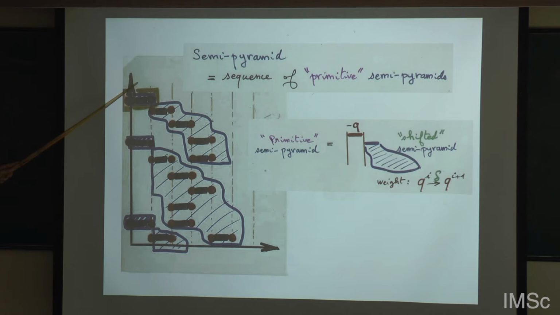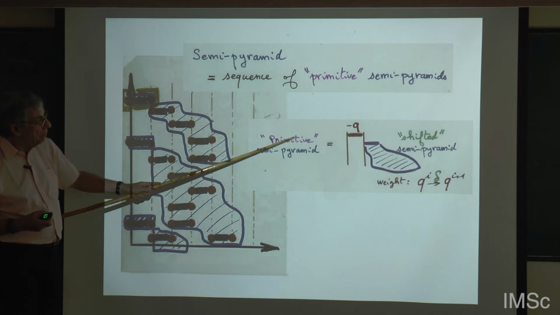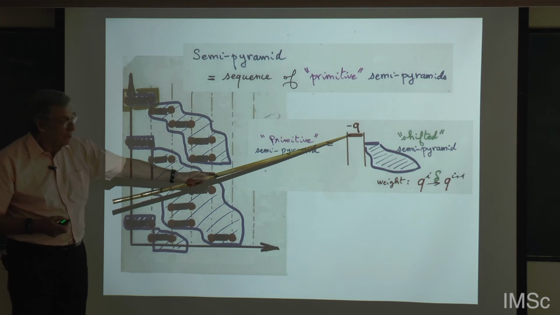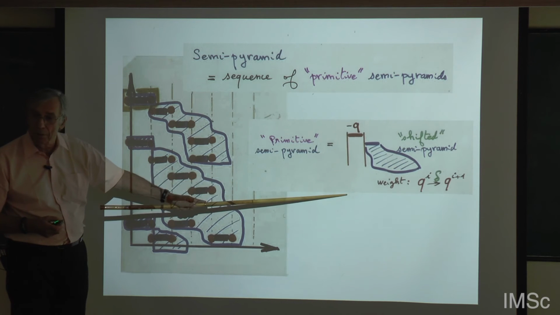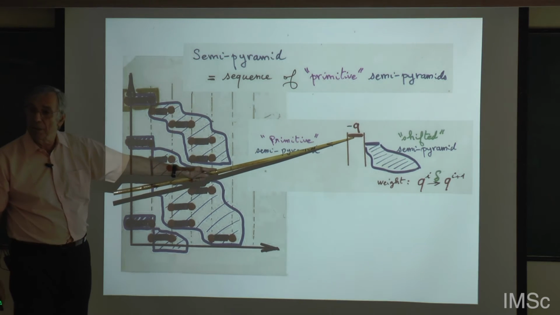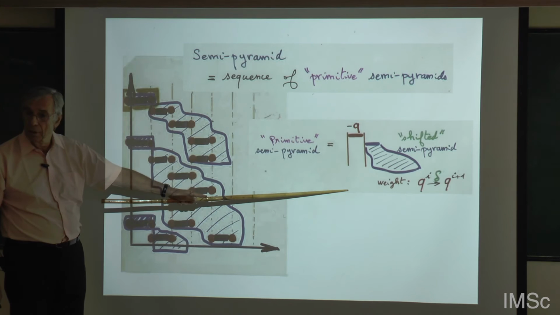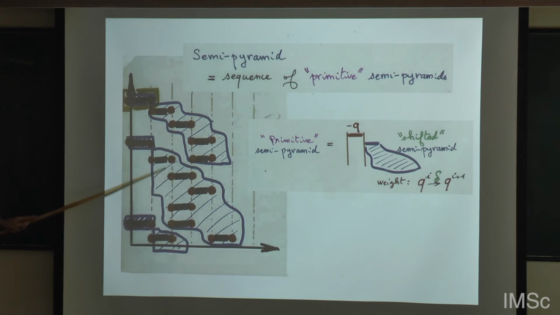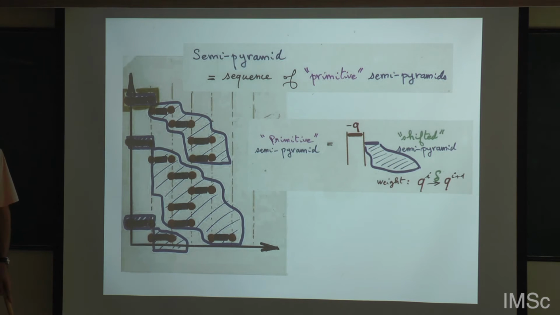Which means that you see, a primitive semi-pyramid, by definition, there's only one maximal piece, there's nobody below. The weight here is minus q, it's the first column. And what remains here, you see, is again a semi-pyramid.